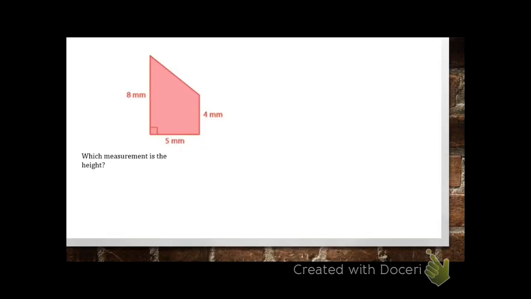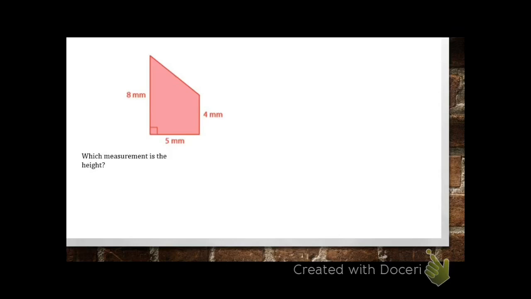All right, now looking at this shape, it too is a trapezoid. So there's no reason why I can't use my formula, but who can tell me which number they think will be the height? Now remember, I have to have base 1 and base 2, and they're always parallel to one another. So what do you think the height is going to be? Is it going to be 8 or 5?